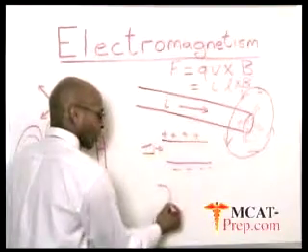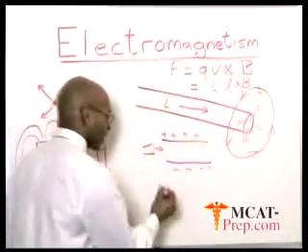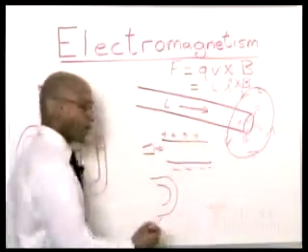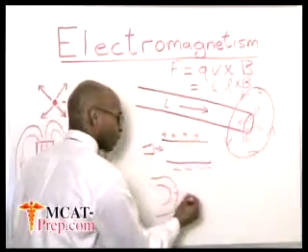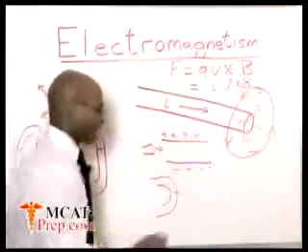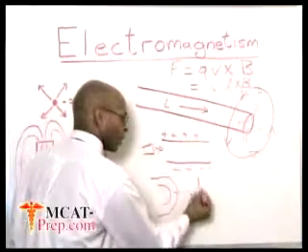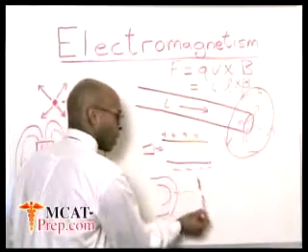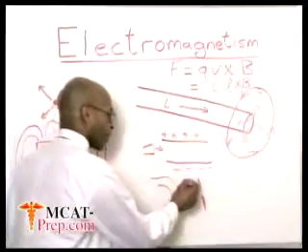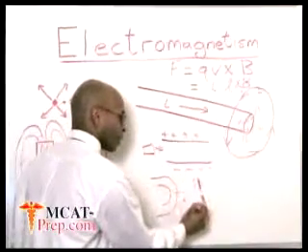So here we have our electron gun. Here we have our cathode. Electrons are coming out. And then we have over here our anode, so this is positively charged.